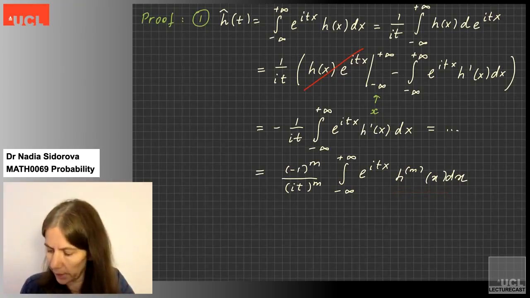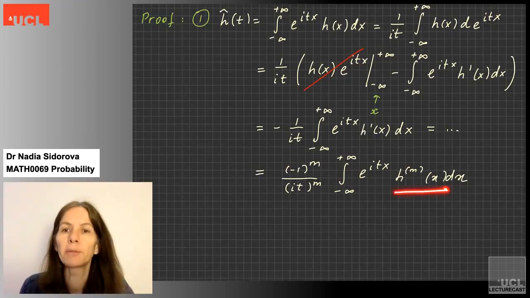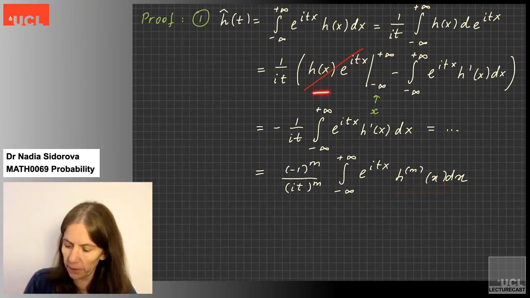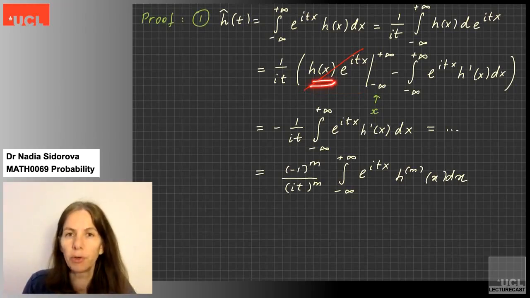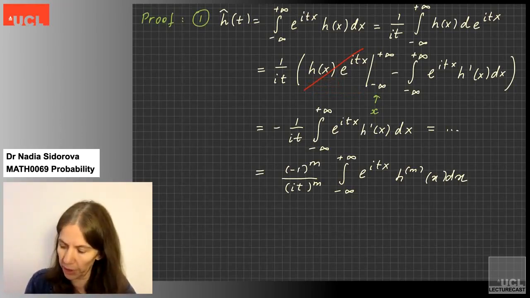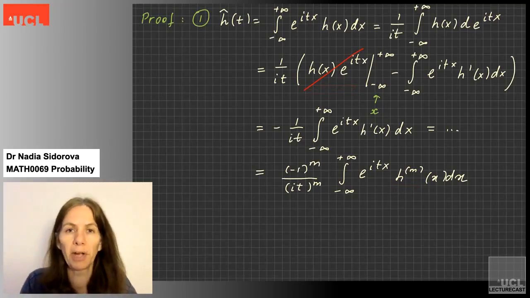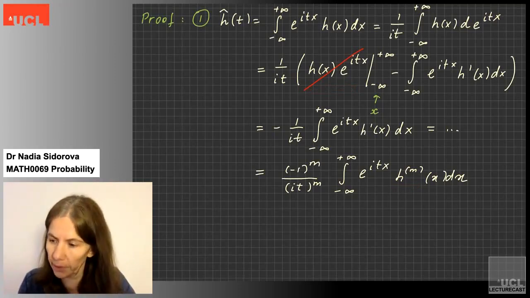I need continuous differentiability up to level m, but I only need these terms to go to 0 until level m minus 1, because to reach level m, I will be using this for h^{(m-1)}. So this is why we need these conditions, and this is how we use them.